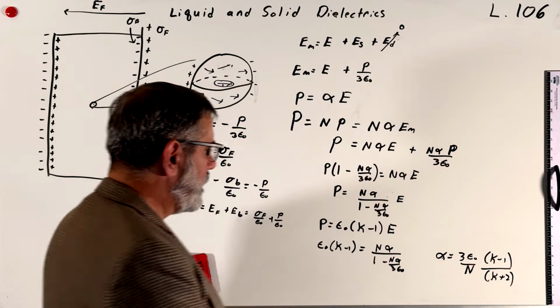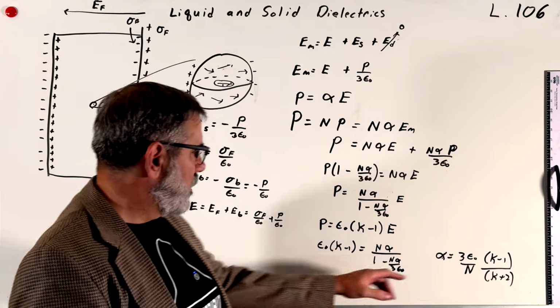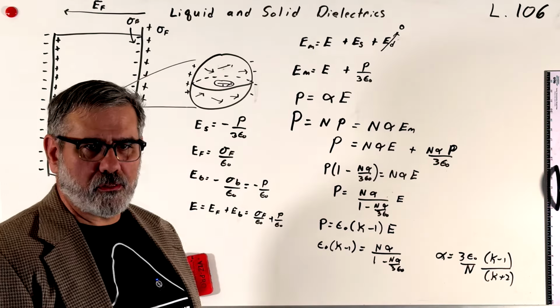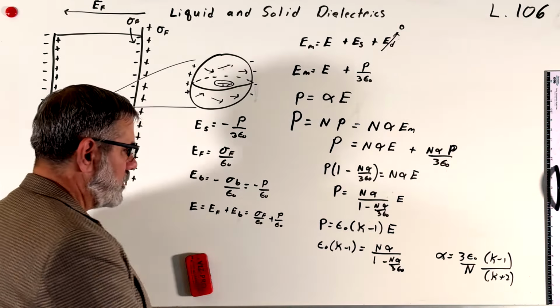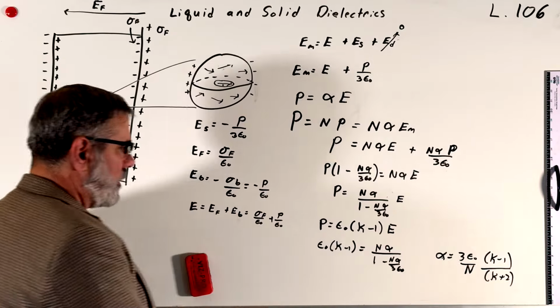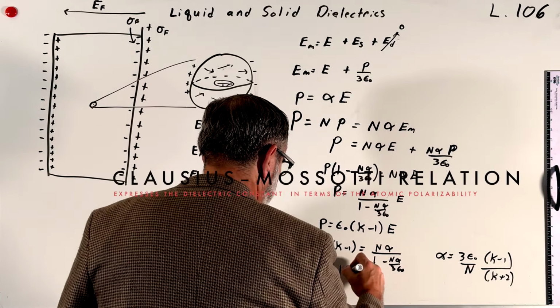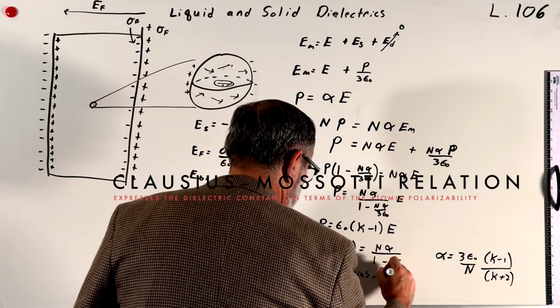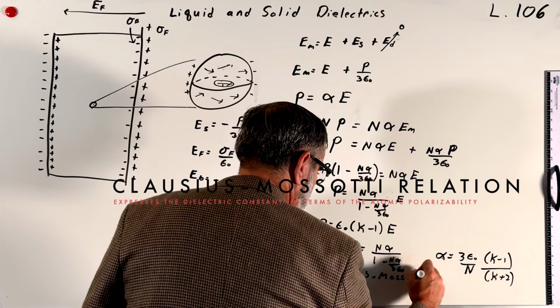That's another way to write it. I'm going to ask you in the homework to show that that's the case. That's a pretty straightforward algebra problem. And this is the Clausius-Mossotti relationship.